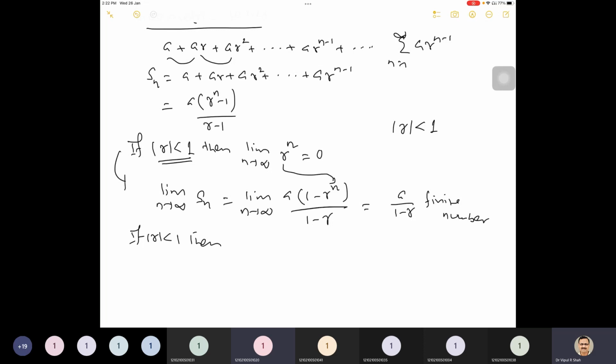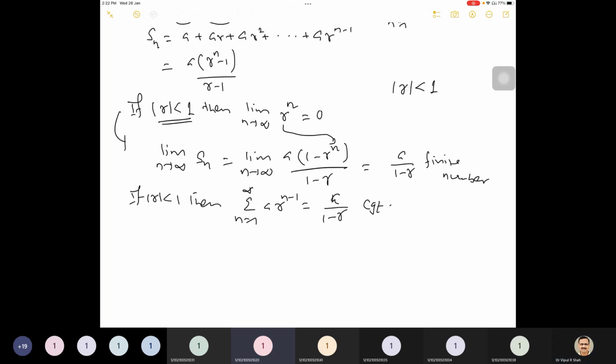Then this series is convergent and it has an exact sum, which is a upon 1 minus r. You understand? Fine.